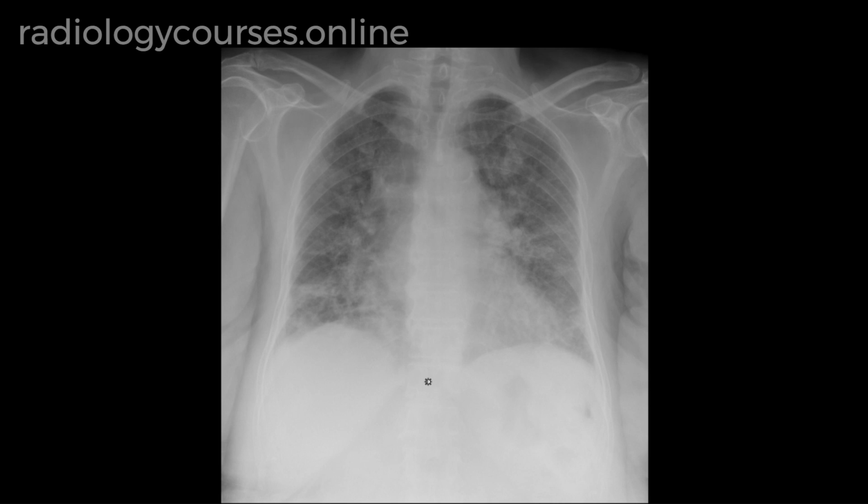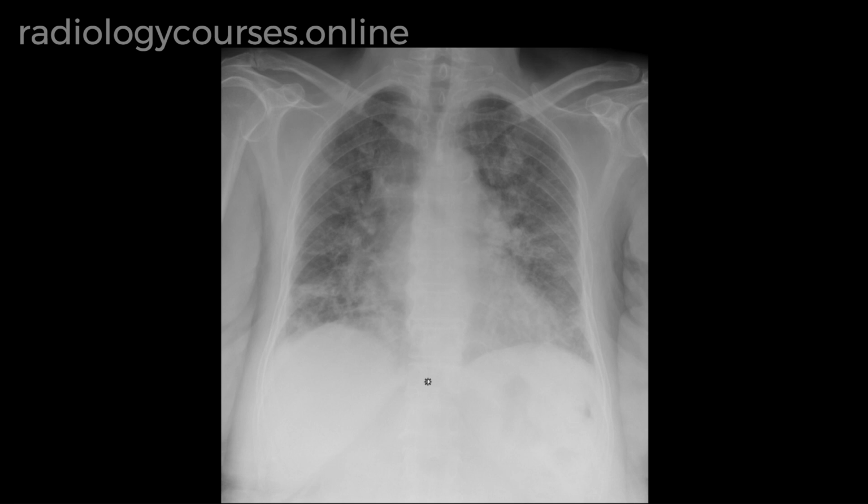Here is a frontal chest radiograph of a 50-year-old. The chief findings are widely distributed, extensive, ill-defined, patchy opacities in both lungs involving all zones, predominantly in the right lower zone and in the left perihilar region.